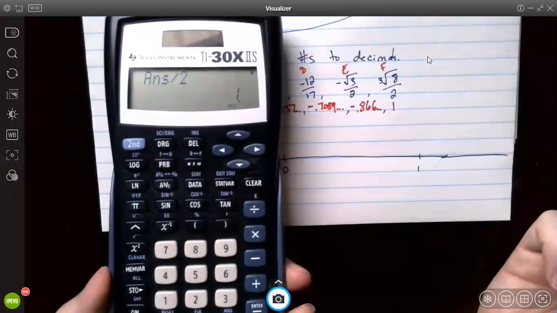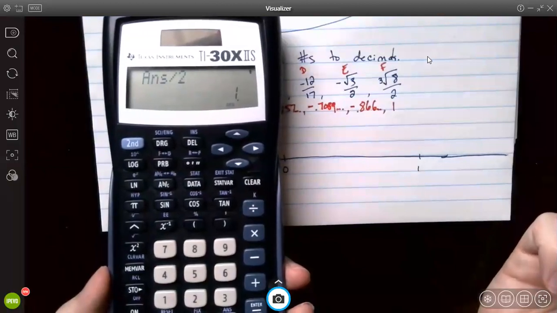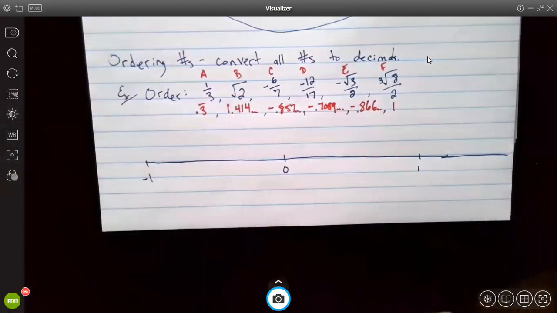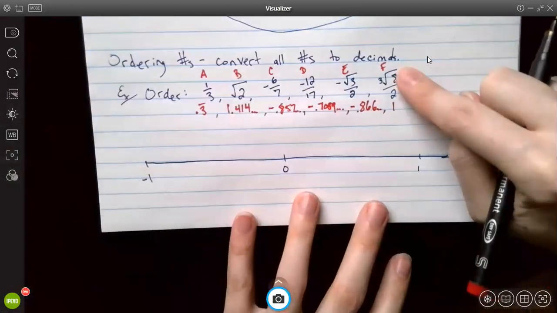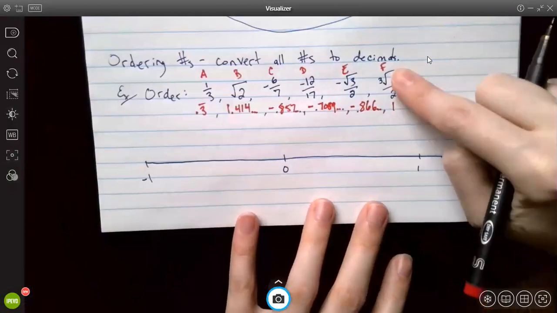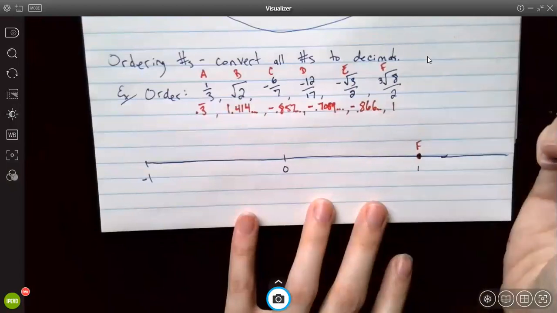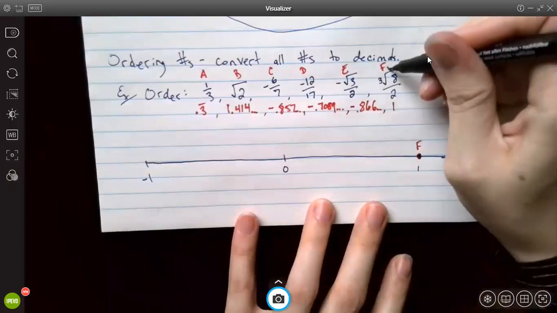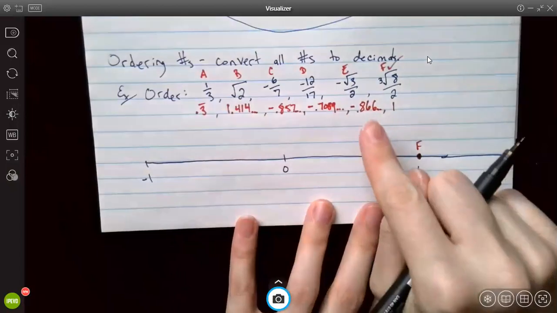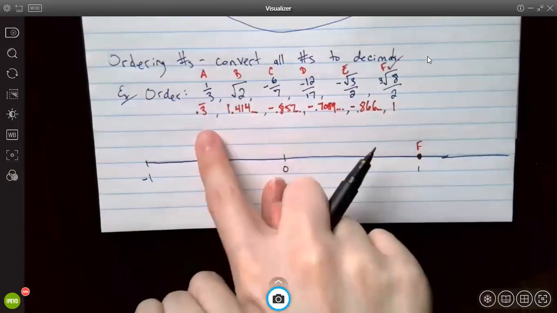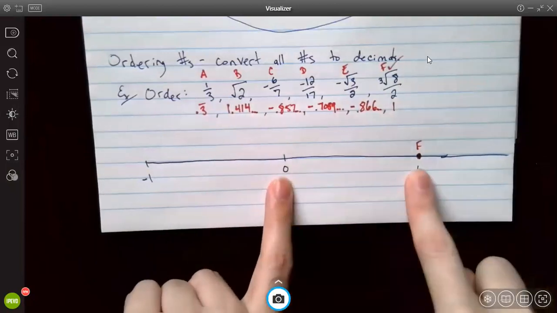Okay, so let's put these on a number line. The easiest one to plot is our whole number here, F. So I'm just going to plot that and label it. So I've got that one. Then 0.3 repeating. Because it's a positive number, it's going to fall somewhere between 0 and 1.